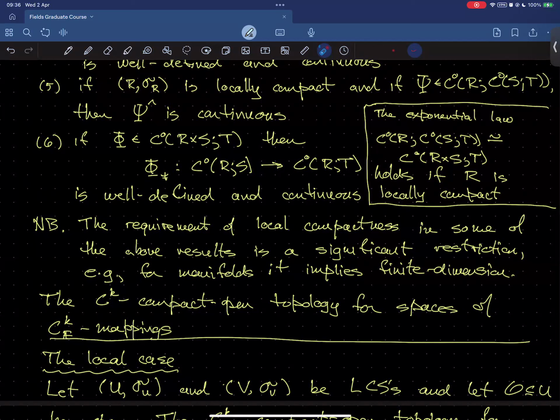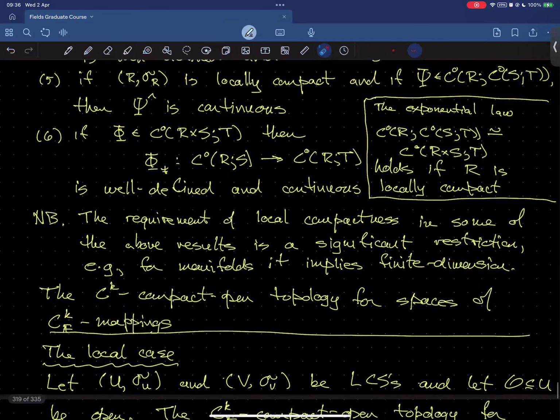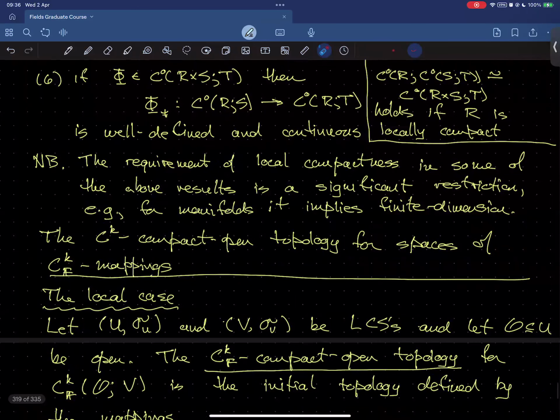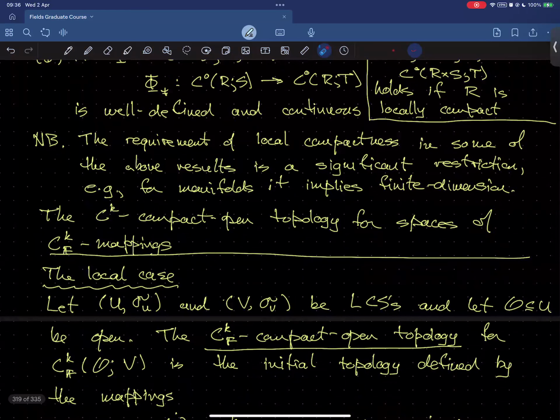And then the requirement of local compactness means that that neighborhood should have a compact closure, but you had a homework problem where compact neighborhoods imply finite dimensions, okay? So locally compact manifolds are always finite dimensional, and it's quite a severe restriction, and we'll see that comes up with the kinds of applications that you can consider later on. Okay.